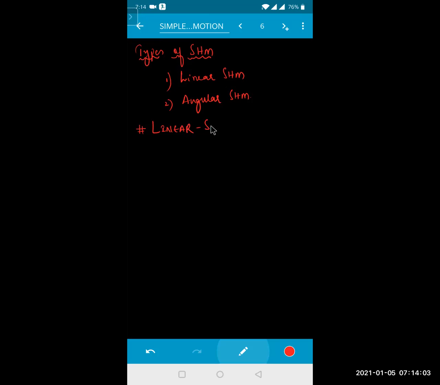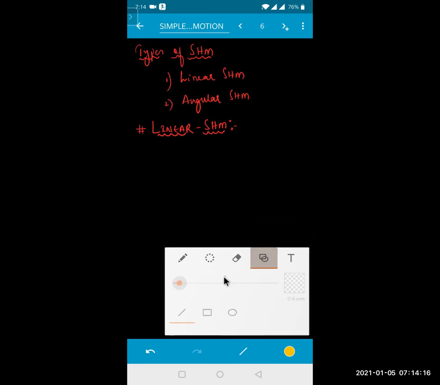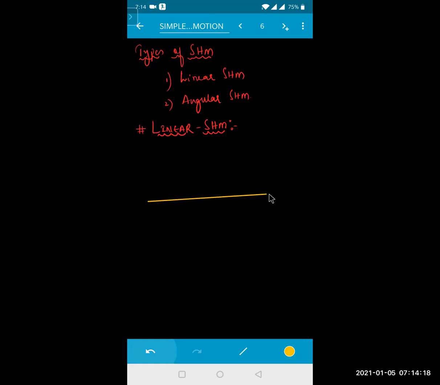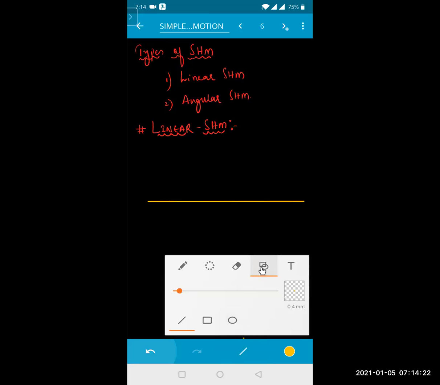Linear simple harmonic motion. What do you mean by linear? In a simple straight line. Say, for example, this is a horizontal surface, and on this horizontal surface we have a block.